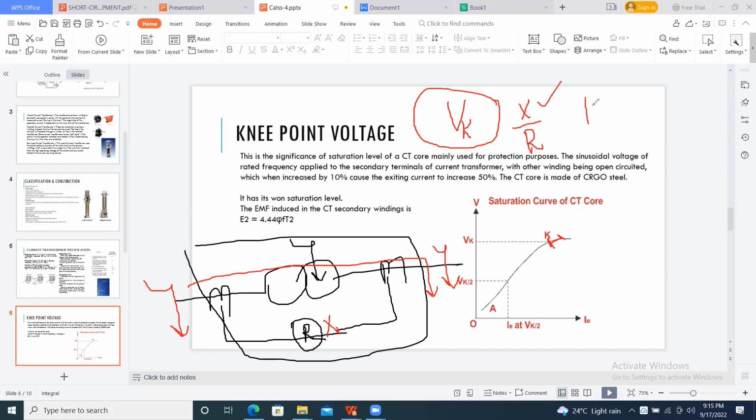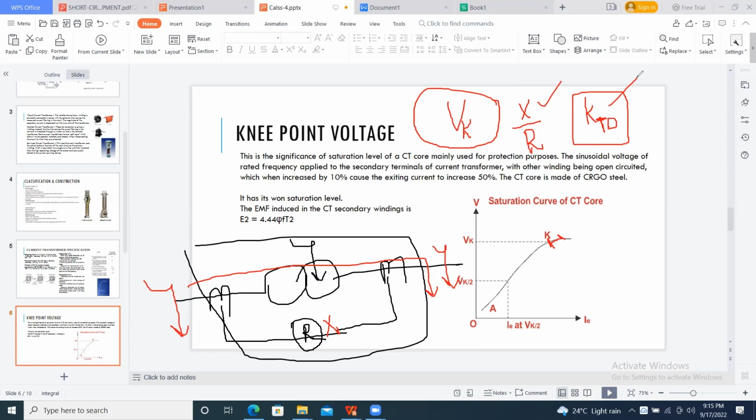The other one, in some articles, they show the calculation with respect to the dimensioning factor of the CT. It was recommended to use this dimensioning factor of the CT to calculate the knee point voltage. But anyway, we will not go too deep into this.